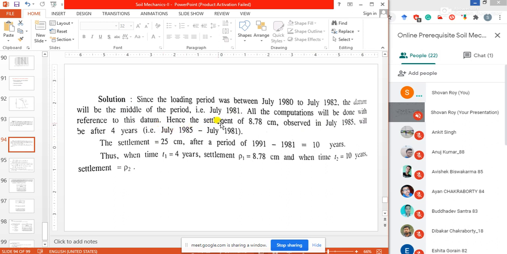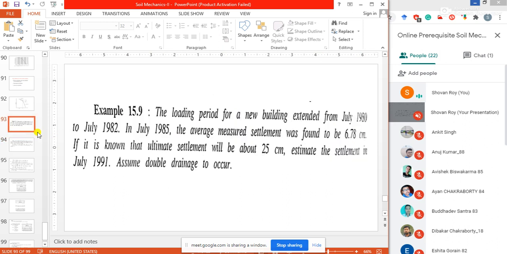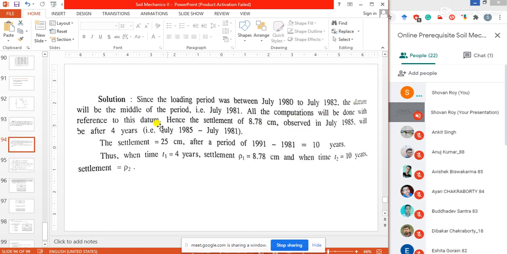Hence, the settlement of 8.78 centimeter observed in July 1985. As per question, in July 1985, after 3 years, 1982 to 1985, the average measured settlement was found to be 6.78 centimeter.